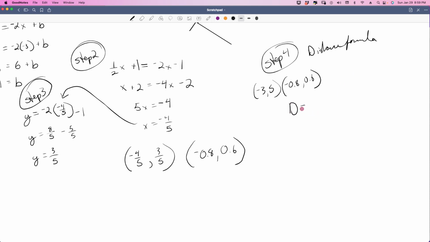The distance is going to be equal to the square root of, we have negative 3 minus negative 0.8. So that's going to be plus 0.8 squared plus 5 minus 0.6, and that's going to be squared.